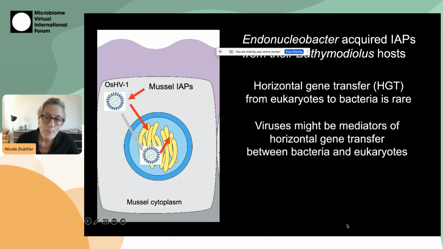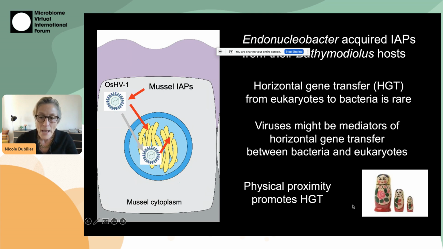And we are hypothesizing that viruses might be the mediators of this horizontal gene transfer between bacteria and eukaryotes. As is known also from the human gut microbiome and other environments like biofilms, physical proximity of microorganisms promotes horizontal gene transfer. And that's certainly something that we're seeing here.